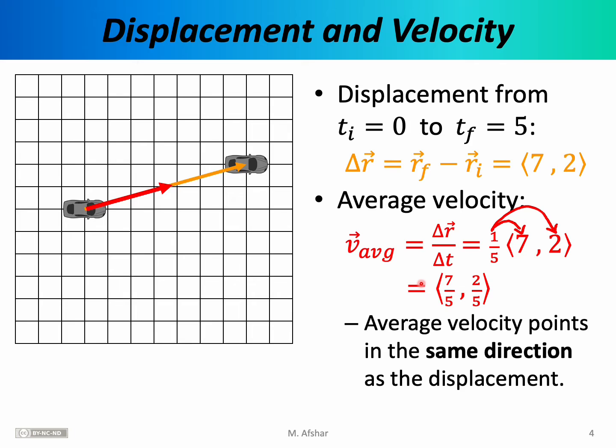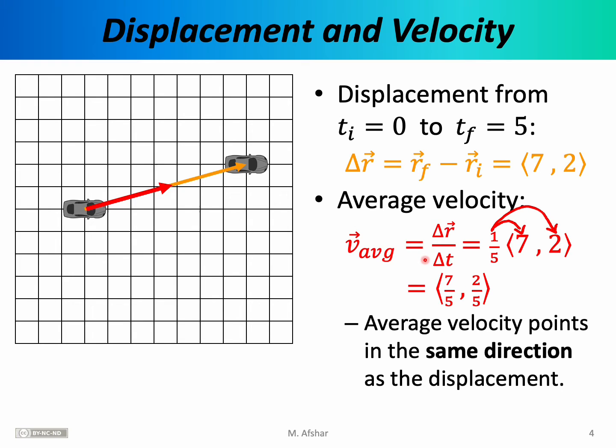If you want to know the actual velocity of the car at a particular instant or one specific moment in time, then you shouldn't be considering a 5-second interval, you should be considering a 1-second interval. Or better yet, you should be considering a millisecond interval. Or better yet, a nanosecond interval.